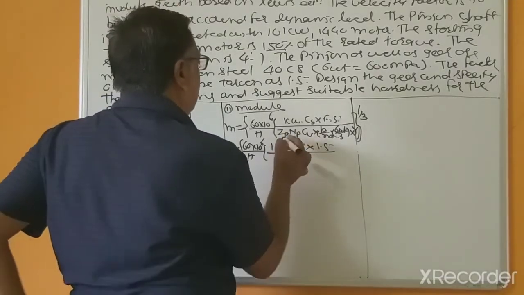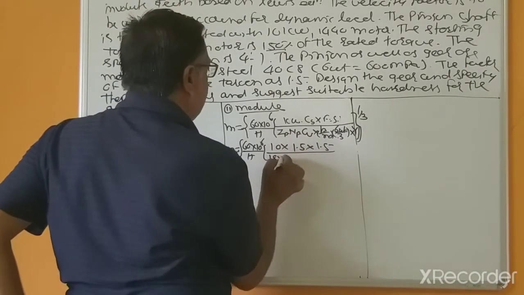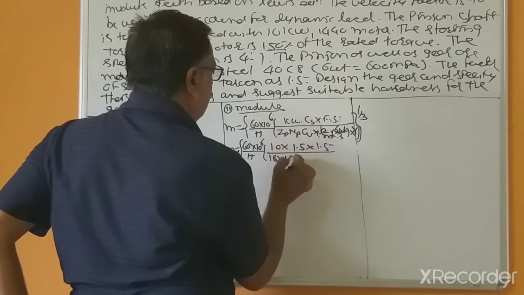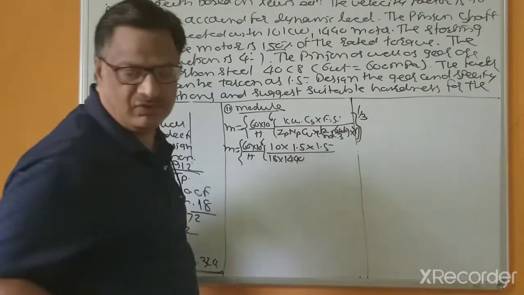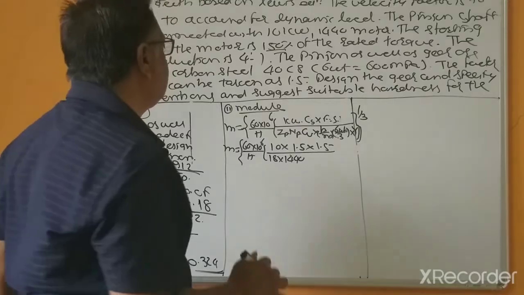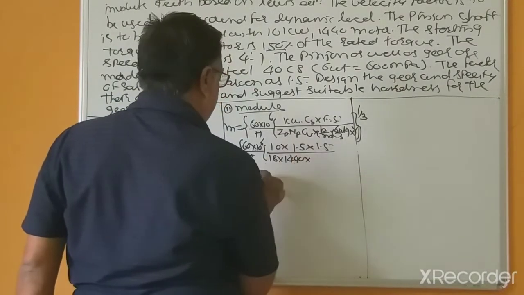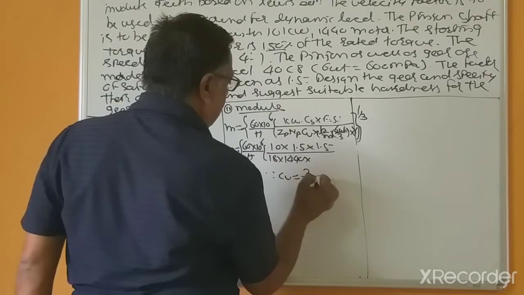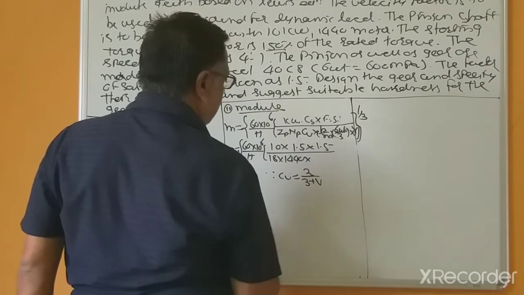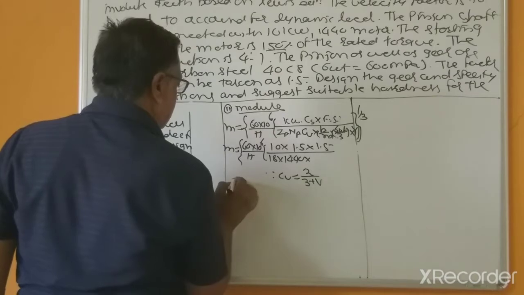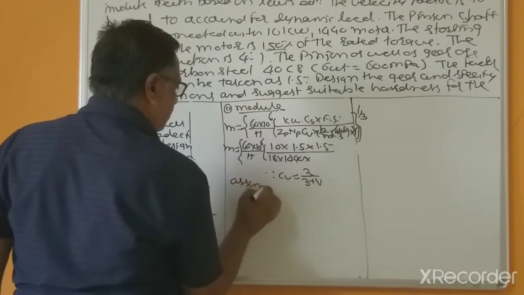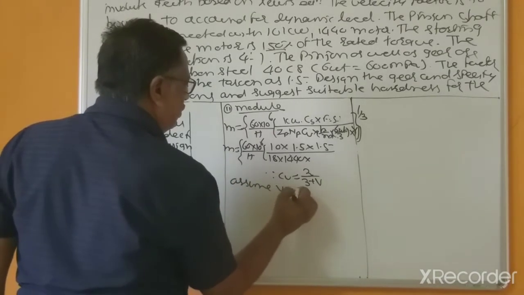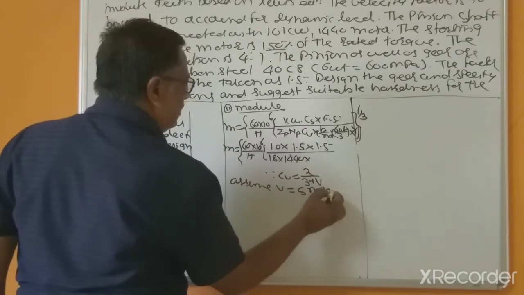All right. Now number of teeth for pinions 18, RPM 1440 RPMs. CV equal to, assume this is 3 divided by 3 plus V, and assume V equal to 5 meter per second.